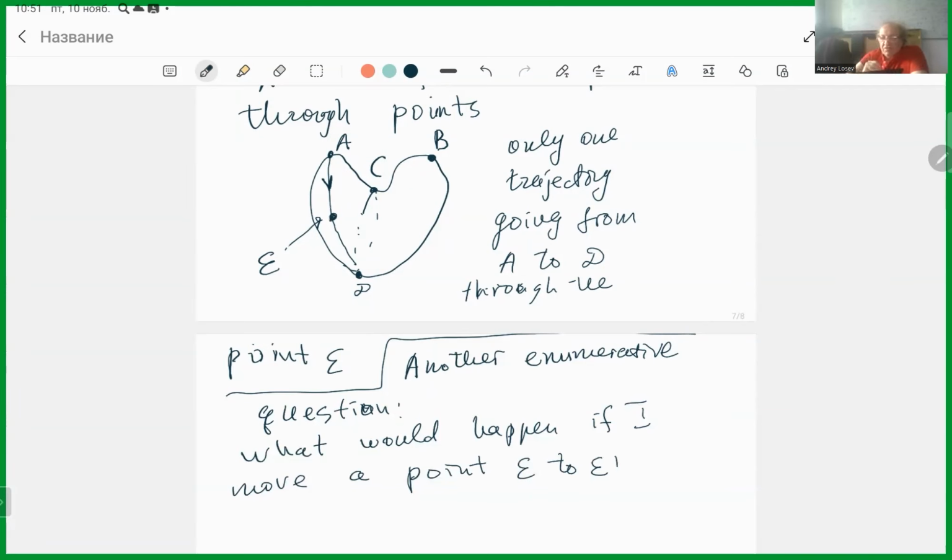There is one trajectory here, but if I move a point to E prime, no trajectory. And the question is, what is the reason for it?